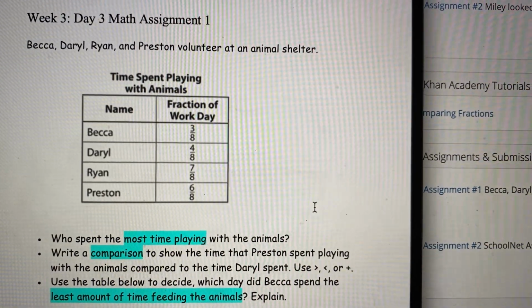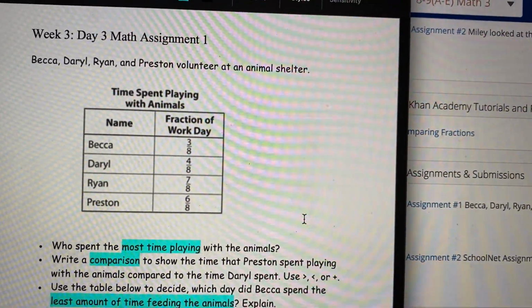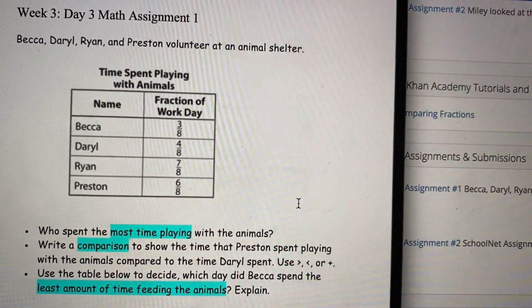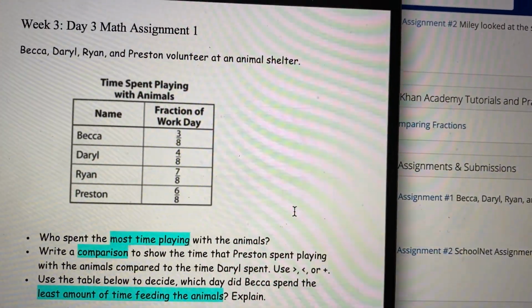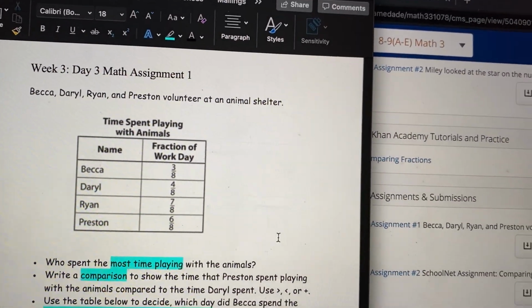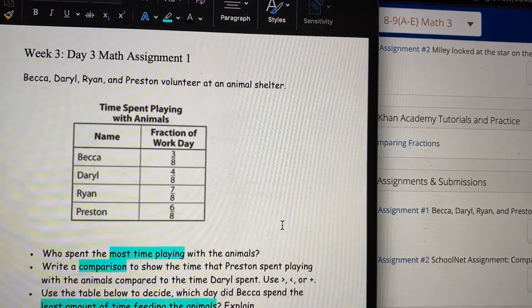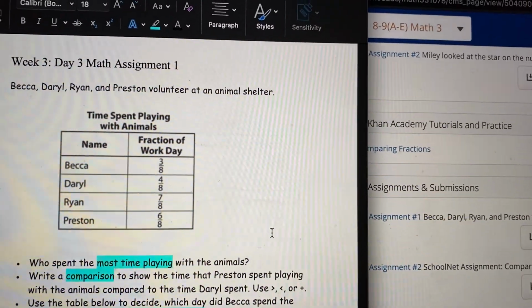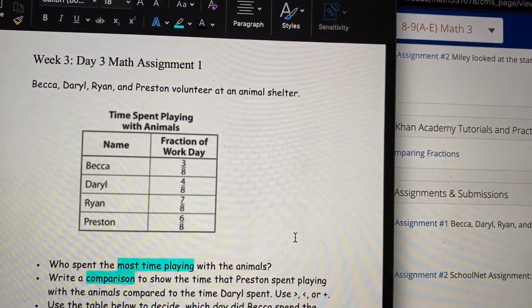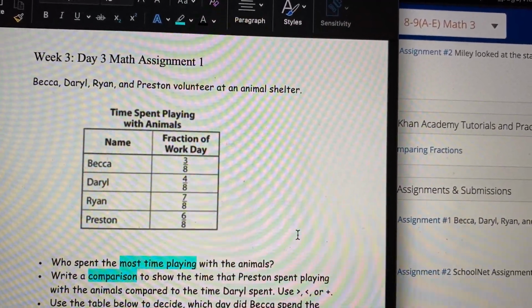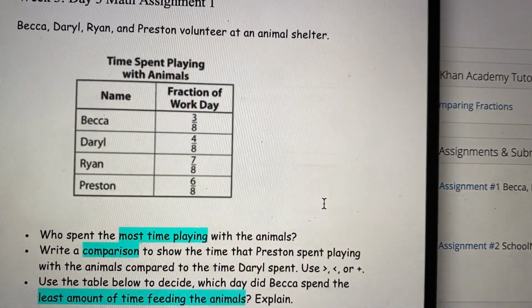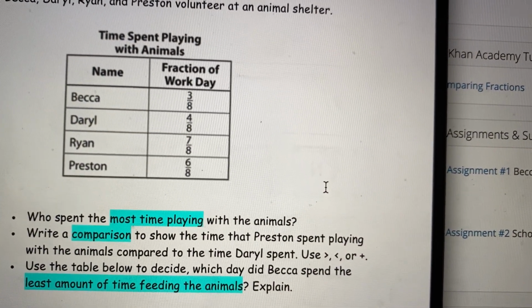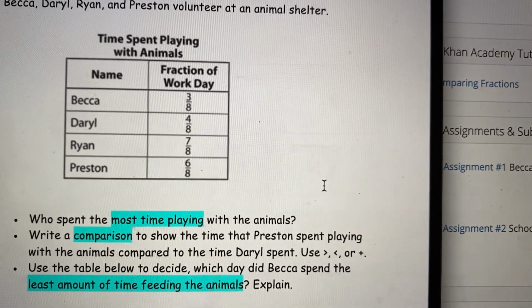What was the biggest fraction there? Was it 3/8, 4/8, 7/8, or 6/8? Remember, boys and girls, when the denominator is the same, you look at your numerator. Which number is the biggest out of all of them? 3, 4, 7, or 6? And that's your first answer. So you have to write either 3/8, 4/8, 7/8, or 6/8.